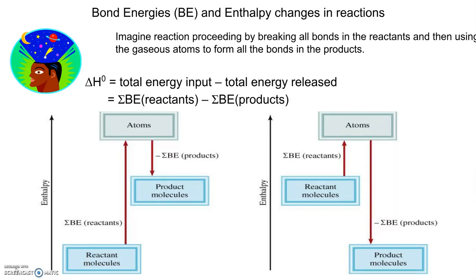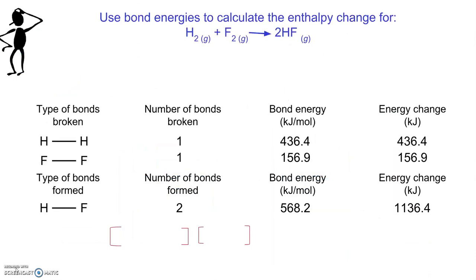So again, total energy taken in minus the total energy being released. Or as we like to say, the sum of the reactants minus the sum of the products. So let's take some examples. On the AP exam, you're going to be given a balanced equation, or maybe you have to balance the equation. Don't forget, sum means including the moles.